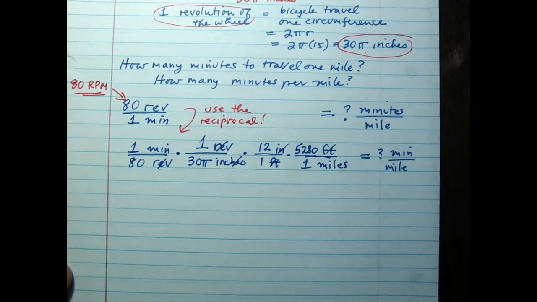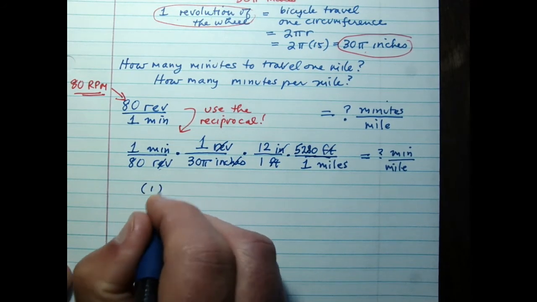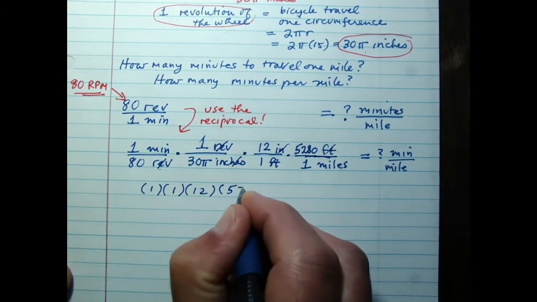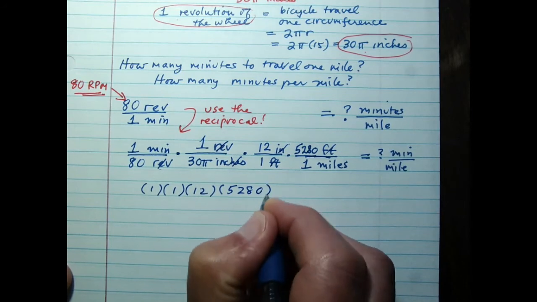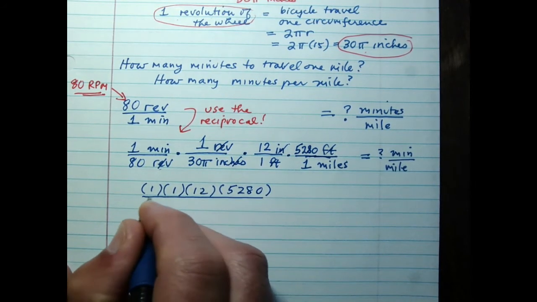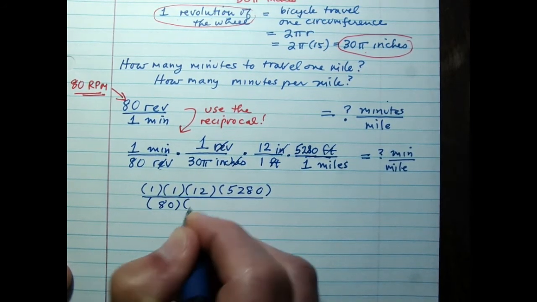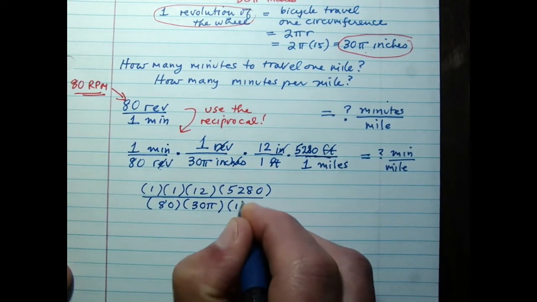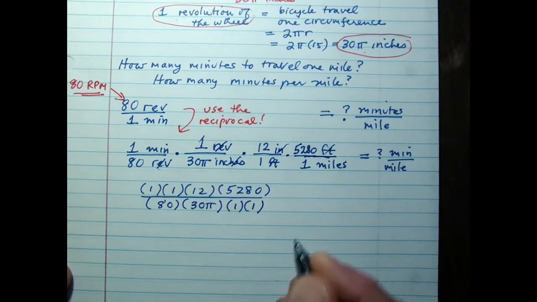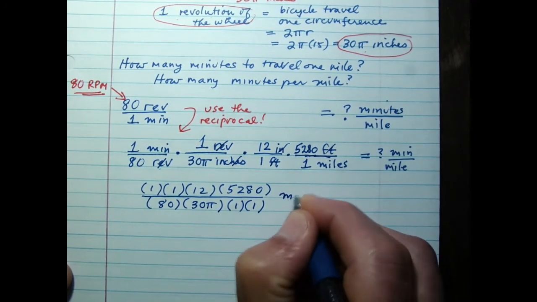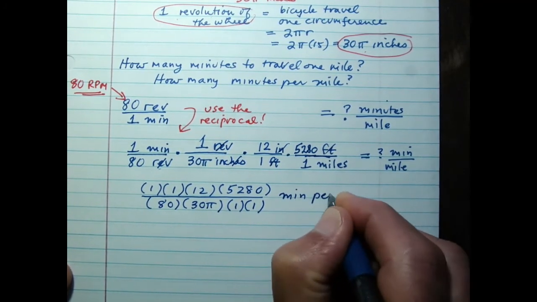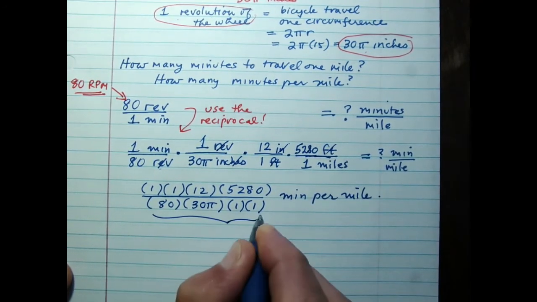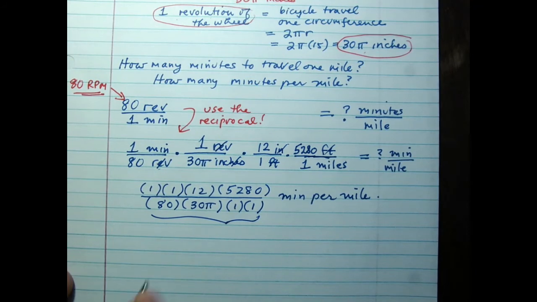And so what do we have here? We have 1 times 12 times 5,280 over 80 times 30 pi, don't lose the pi, times 1, and this will be minutes per mile when I figure that out on my calculator.